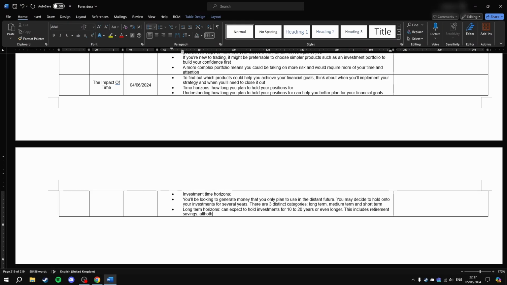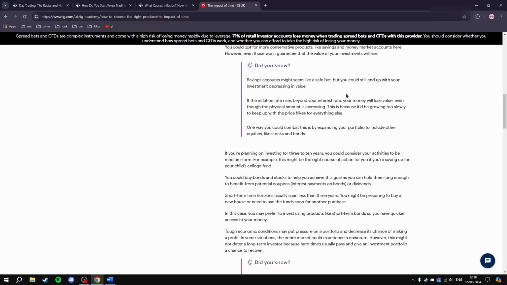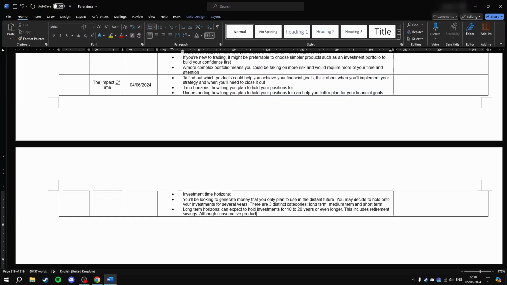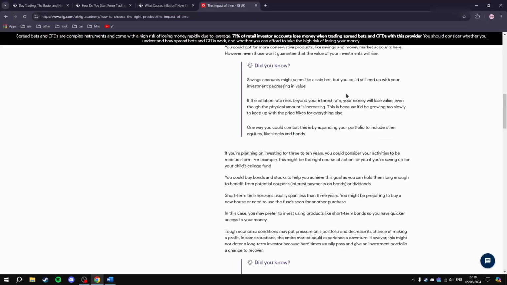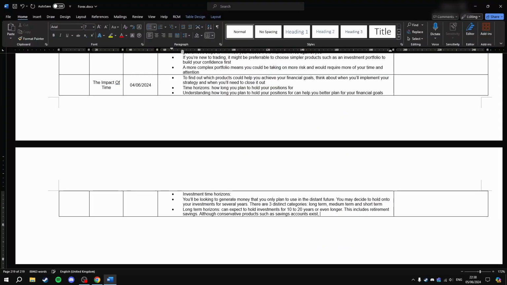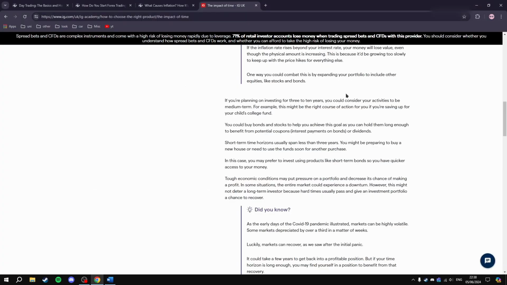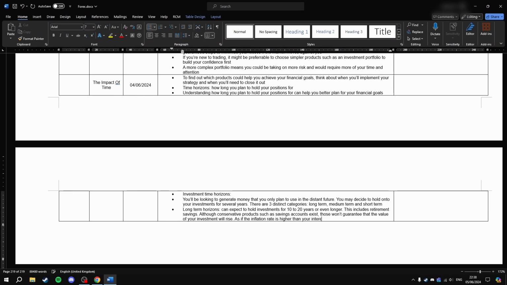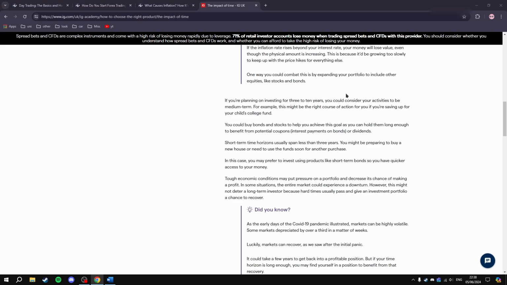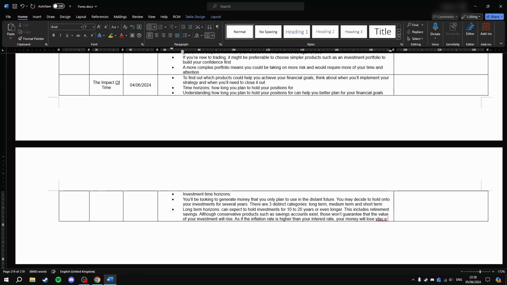Although conservative products such as savings accounts exist, those won't guarantee that the value of your investment will rise, as if the inflation rate is higher than your interest rate, your money will lose value.